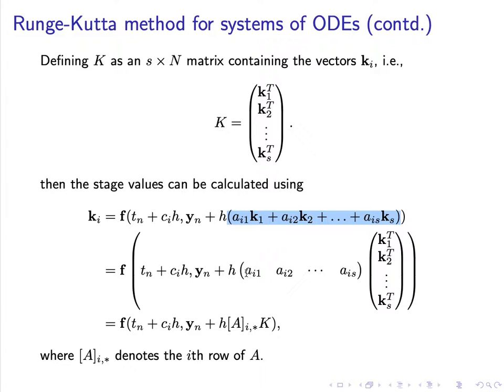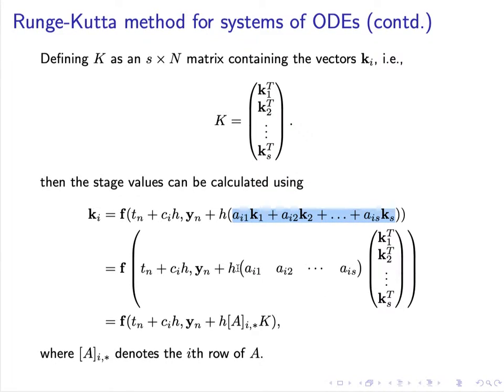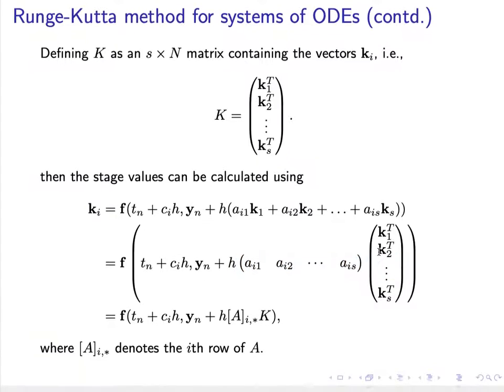If we have the ith row of the matrix A, that's multiplied by this column vector here, you have ai1 times k1, ai2 times k2, etc. So that summation can be written as the product of these two matrices.